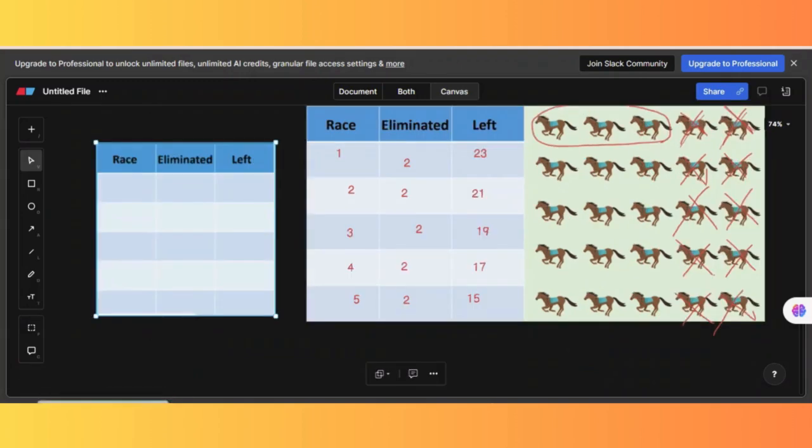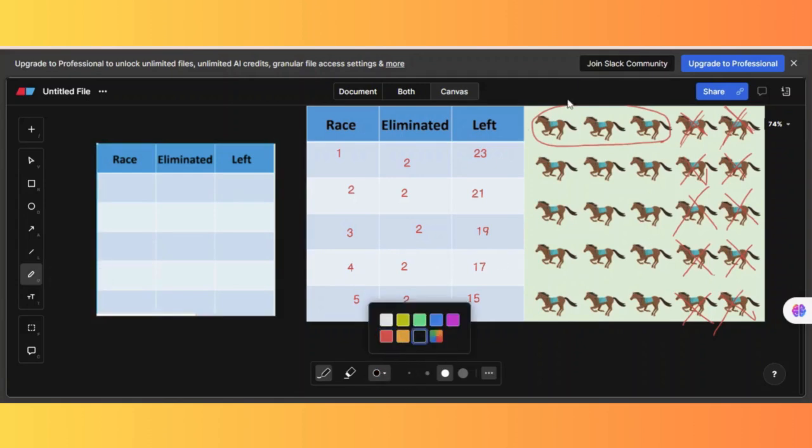Now, after this fifth race, I will choose this set. From this set, as you can see, the fourth and fifth positions are useless, and I don't want the fourth and fifth, as the question mentioned.